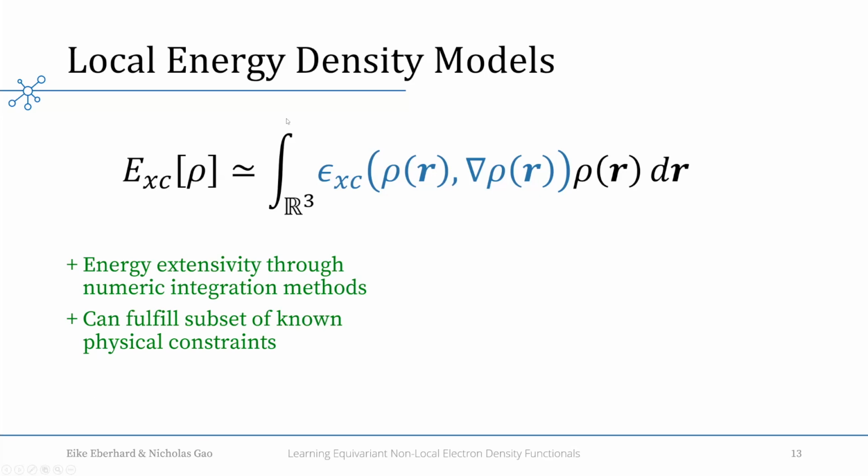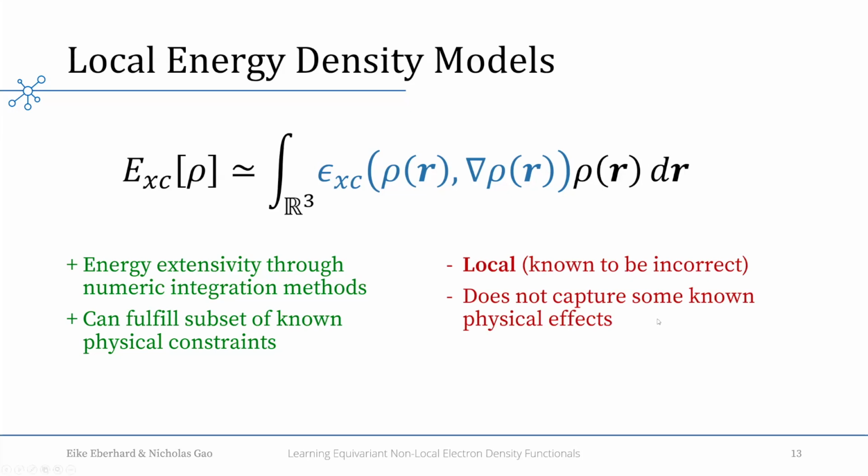And there are known ways how these ansatz can fulfill certain physical constraints, which is linked to better extrapolation to unseen data in a sense. It's the physicist's approach to it. But as we said, this is local, and we know this cannot capture all known physical effects, like van der Waals interactions, if that rings a bell for some of you.